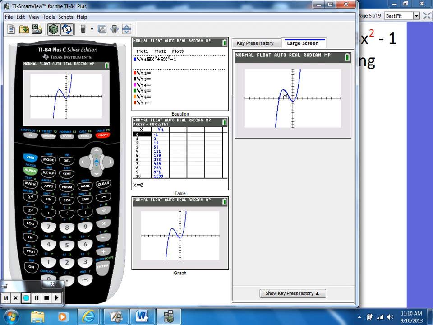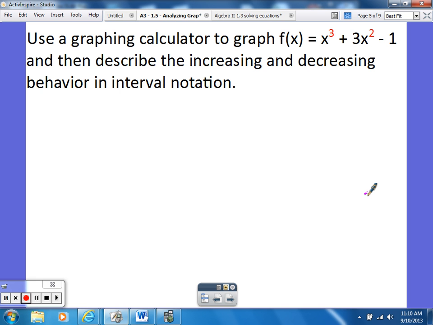Okay, so when you're talking about increasing and decreasing intervals, you're only going to look at the x value. That may be something you want to write down. When looking at increasing and decreasing intervals, you're only looking at x values. That's it. The y values we're not looking at all. So we have to go across on the x-axis itself.